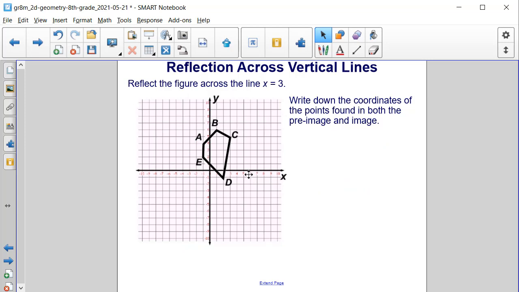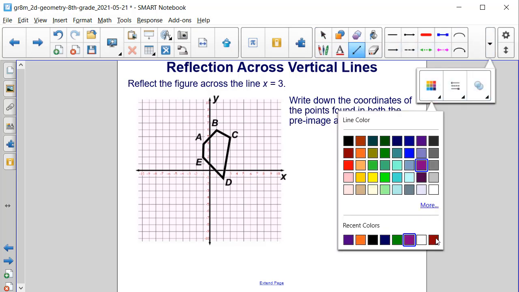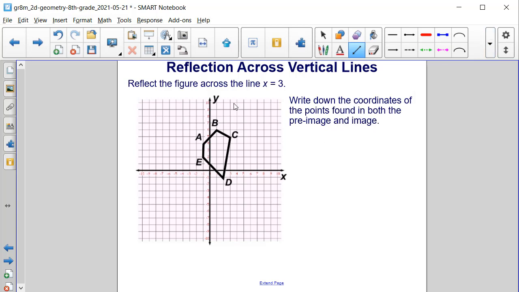Now let's try to reflect this figure across the line x equals 3. So if we reflect it across the line x equals 3, that line will be right here.